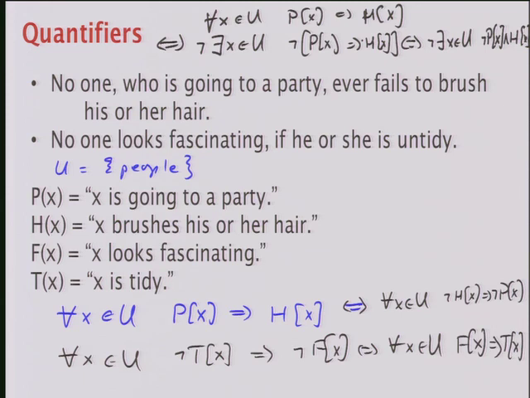Oops. Sorry, did I make a mistake again? Okay, so let's try again. So the only case in which it's false is if p of x is true and h of x is false.